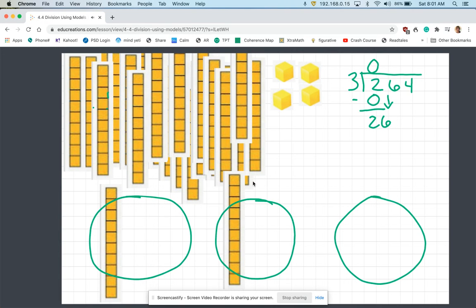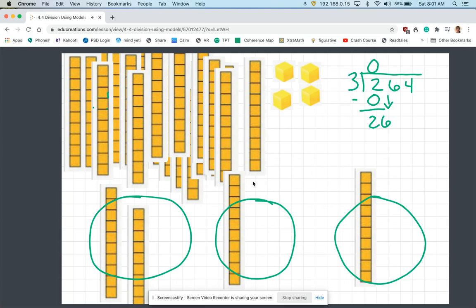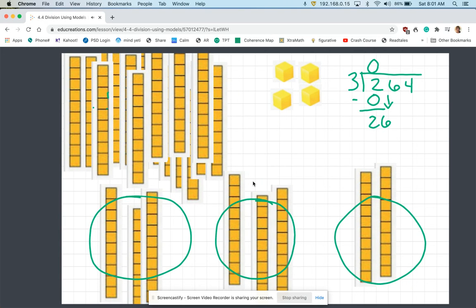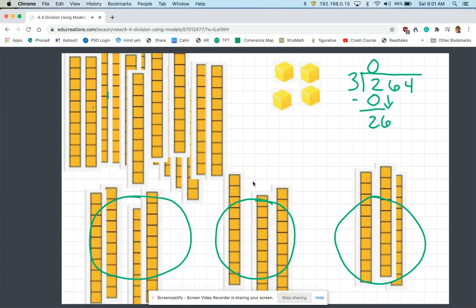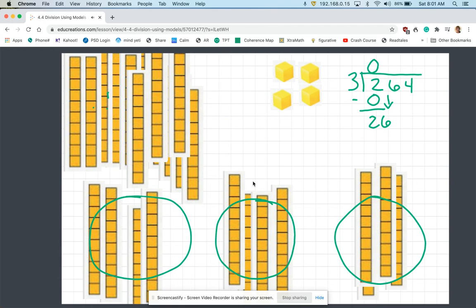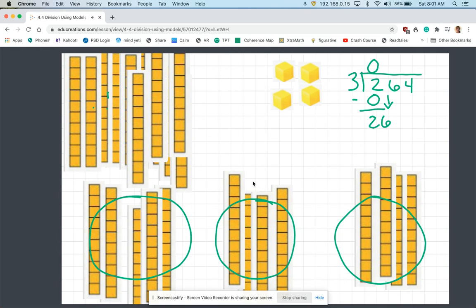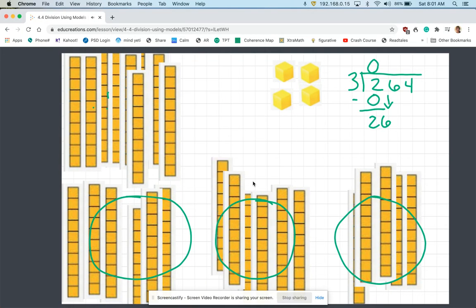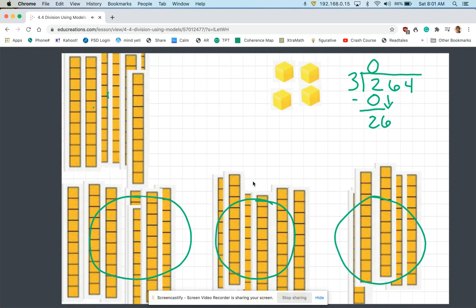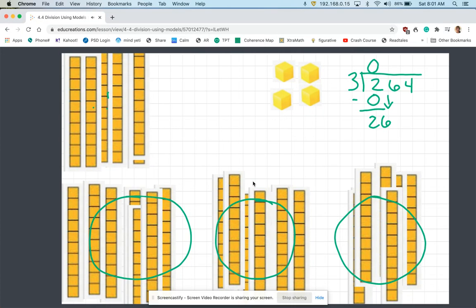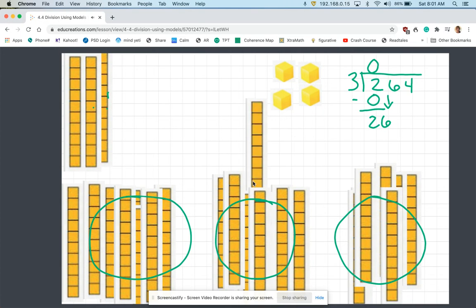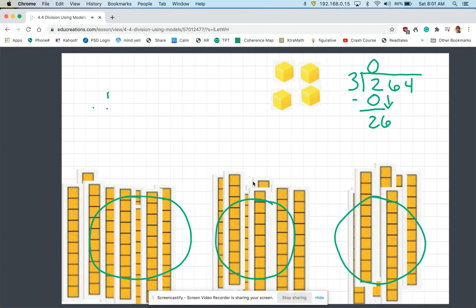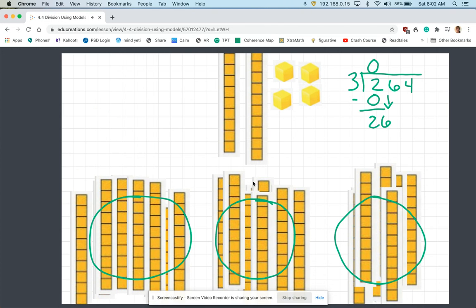Okay, 1, 2, 3, 4, 5, 6. Okay, I have 2 left over.